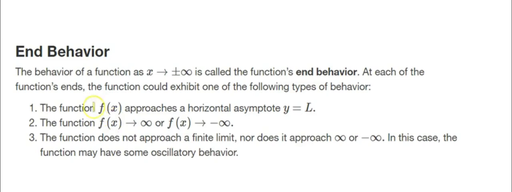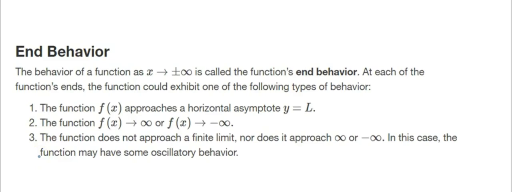So this tells us that if the function f of x approaches a horizontal asymptote, y equals L, that is one of the ways we can understand the end behavior, because the ends of the graph are trailing very close to the horizontal asymptote. Sometimes the ends of the graph could branch off towards positive infinity or negative infinity. That's the second point. The third point says maybe it does not approach a finite limit. It either approaches a finite limit or an infinite limit.